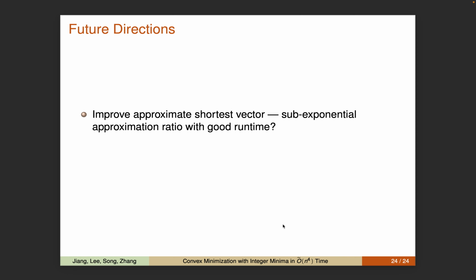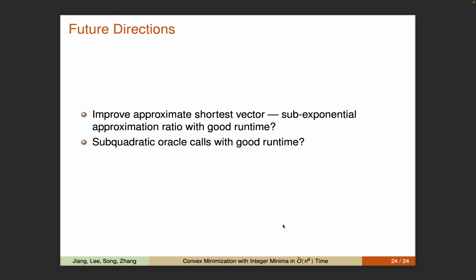Some future directions of our work include improving the approximate shortest vector approximation ratios. Suppose we can get a sub-exponential approximation ratio while still maintaining a relatively good runtime. This will remove one obstacle to improving the number of oracle calls of our algorithm.